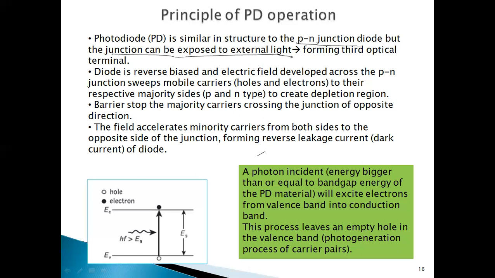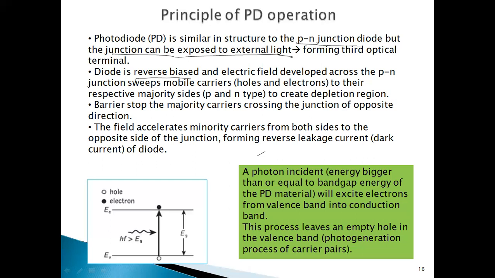As opposed to the laser diode and LED that we learned previously, the photodiode is reverse biased. When we have a reverse bias condition, an electric field develops across the PN junction, and it sweeps the majority carriers, holes and electrons, to the respective majority sides of P and N type.